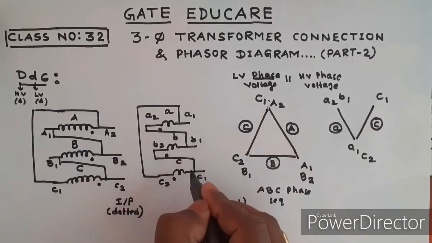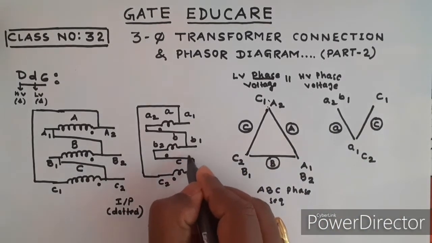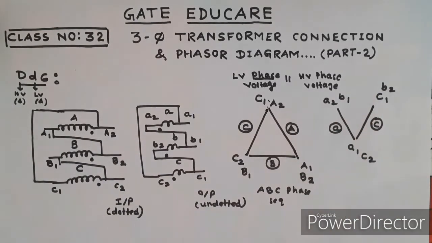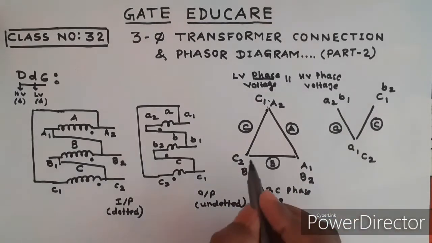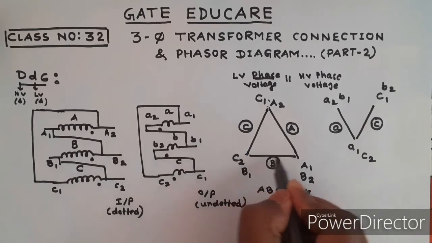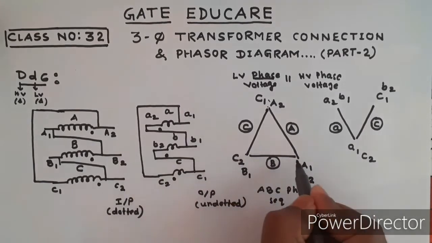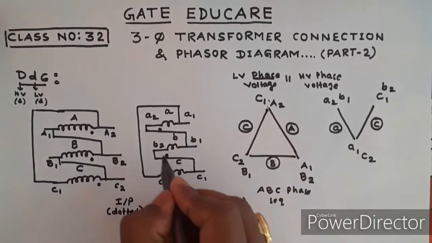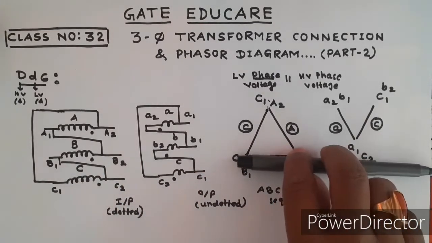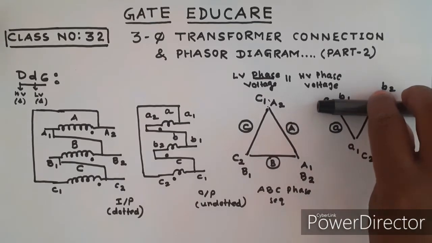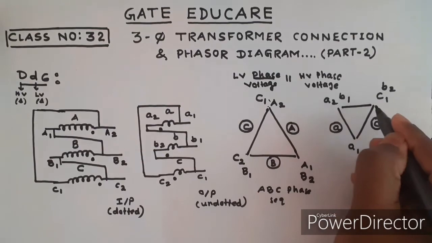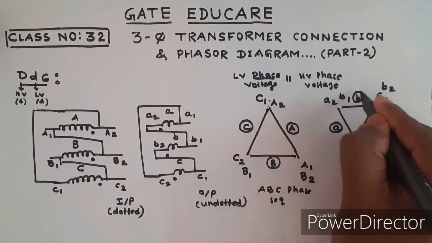Now here c1 is connected to b2. Now here the B1, B2 high voltage phase voltage and the low voltage B1, B2 will be exactly parallel. This is your B phase.